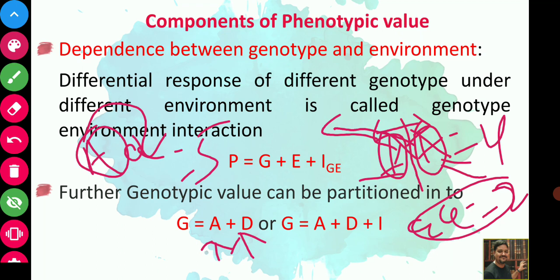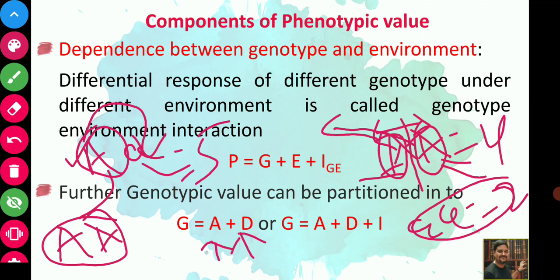Whereas if you consider the dominance deviation, in the next generation, if they get separated at the time of segregation, suppose this capital A now meets with capital A, there will not be any dominance, and small a will meet with small a, and again there will not be any dominance. So this dominance deviation is not getting transmitted to the next generation.